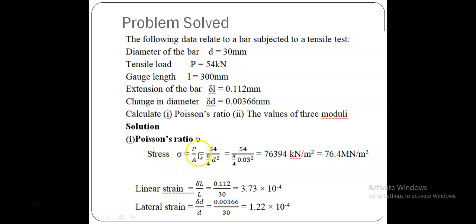Direct stress sigma is equal to, because they are giving the tensile load P equal to 54 kN, and we know the diameter of the bar is 30 mm. First let us find the area, and then P by A gives the direct stress.